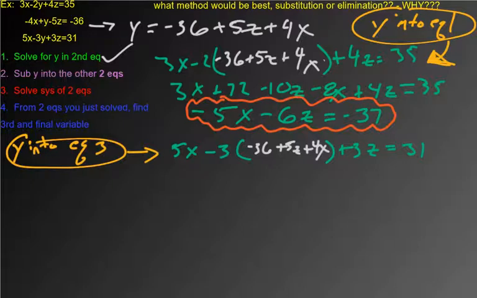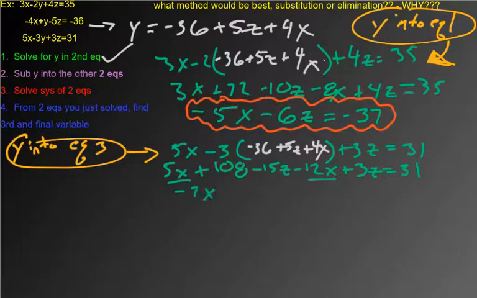Okay, and if I go ahead and simplify that, I would get the following. And then just combining like terms, so I see we have 5x minus 12, so it's going to be negative 7x.